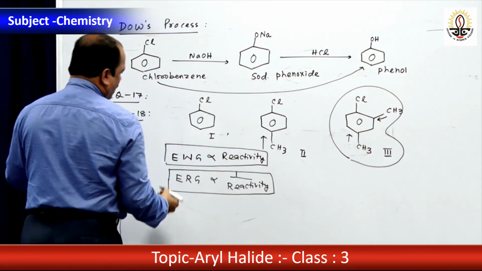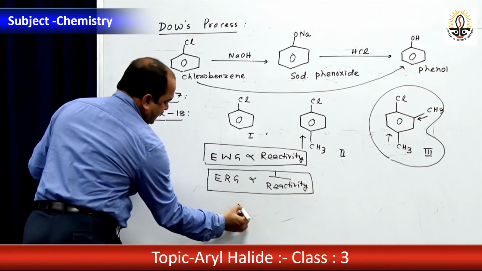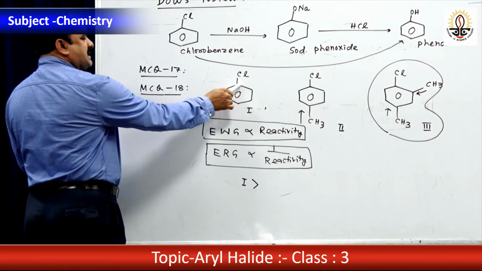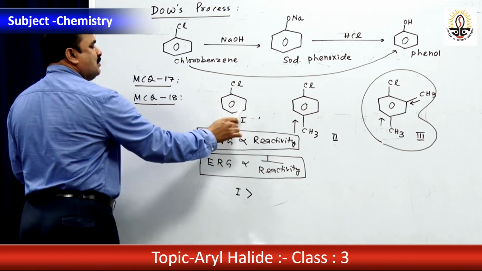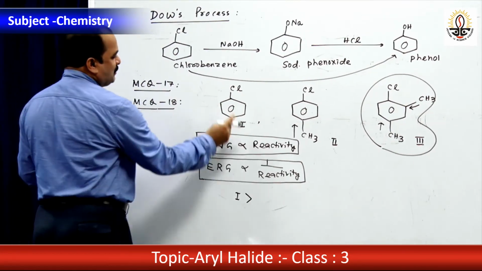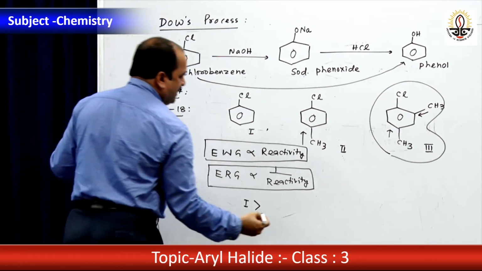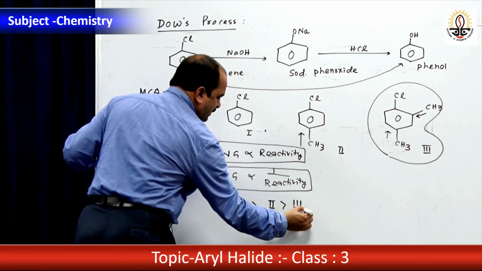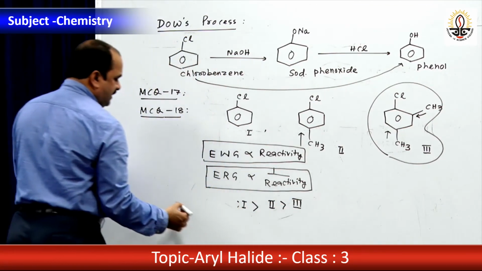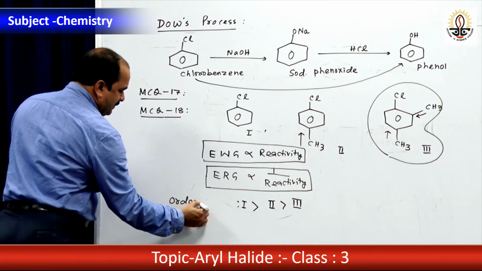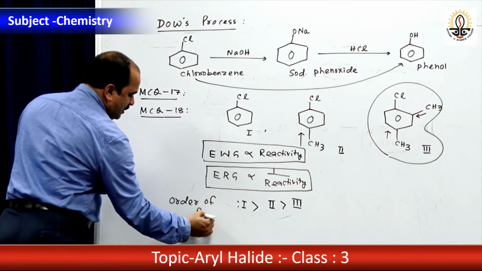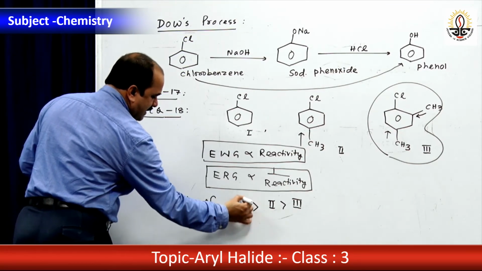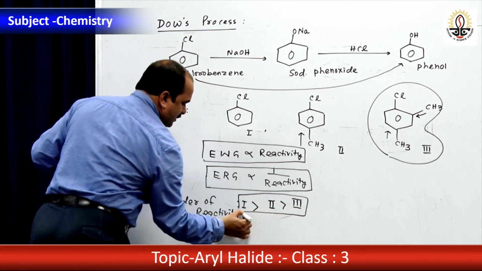So in the order of reactivity, chlorobenzene reacts very fast because it has no electron releasing group. So chlorobenzene reacts faster than option 2, and than option 3. This is the order of reactivity towards substitution, in decreasing order.